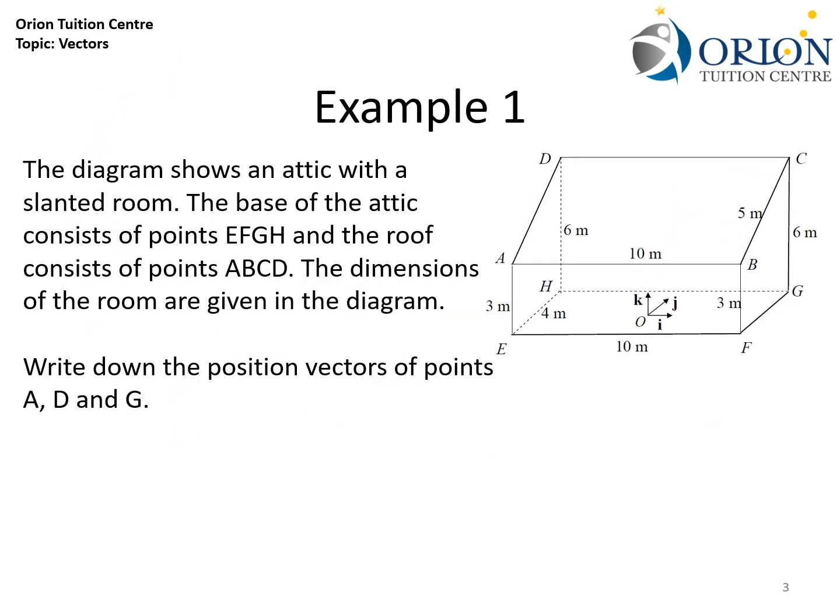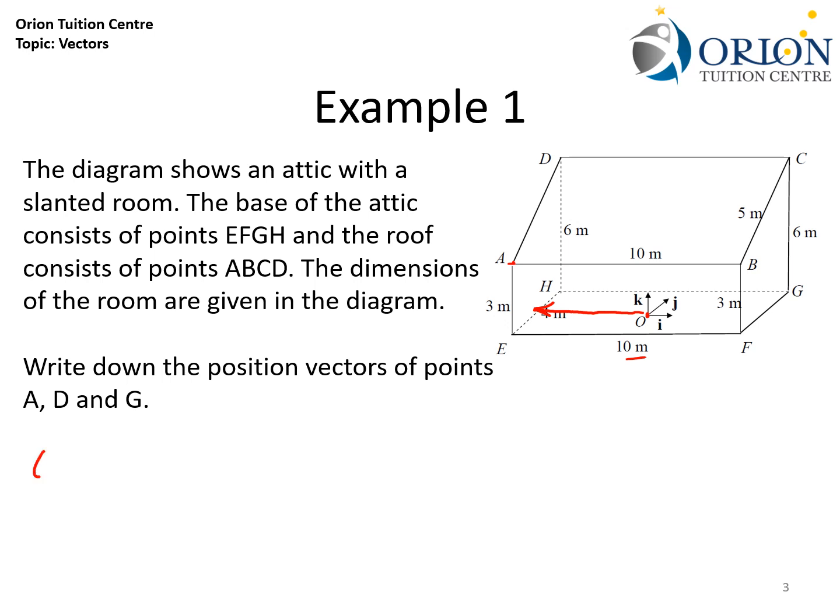Let's see how we can define position vectors using example 1. For OA, we start from the point O, and we want to arrive at the point A. So let's move in the X direction first, which we will move by 5 units since it is half of 10, but it is in the negative X direction since i is defined to be the right hand side direction and we are moving to the left.